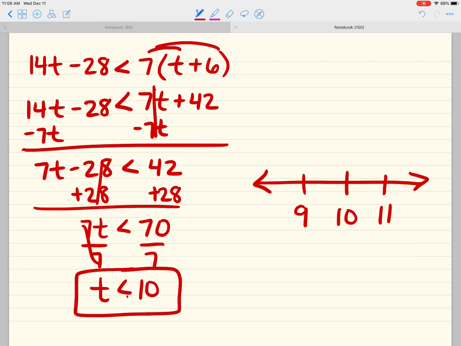Okay, since this does not have the equal sign underneath, you would leave it open. Remember, closed circle includes the number, open does not. So can you choose 10 as a value here? No, so you leave it open, okay? Lainey, what direction do I shade, left or right? Left. Perfect.